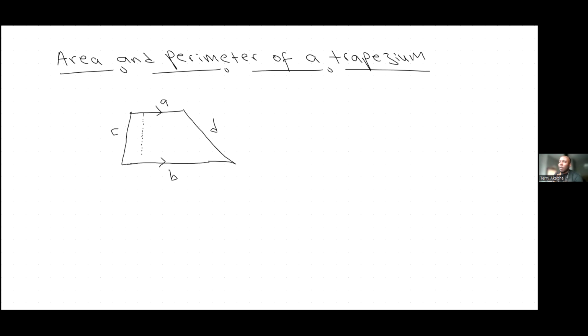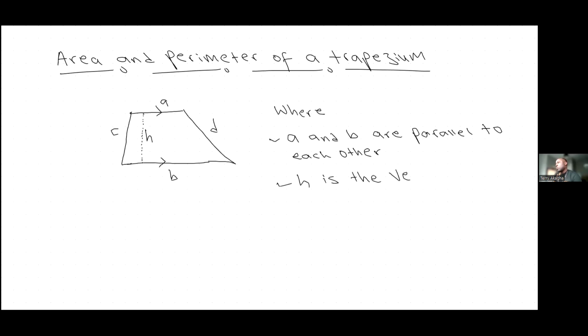The distance between the two parallel sides is the height. So in this situation, A and B are parallel to each other, H is going to be the vertical height, then C and D are the non-parallel sides.